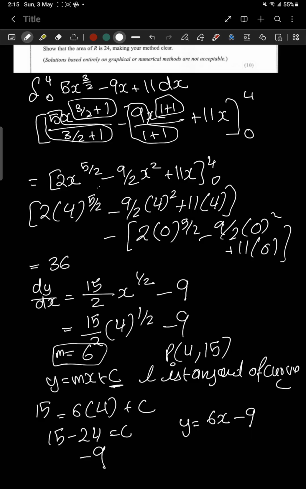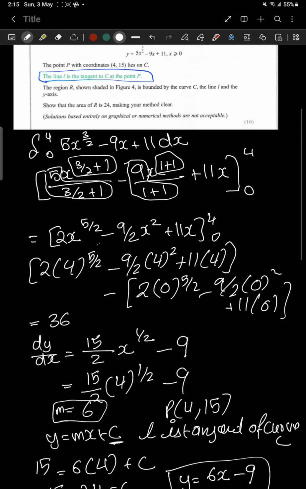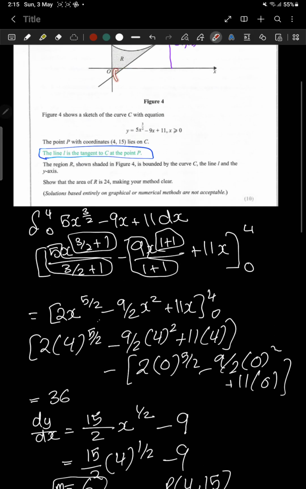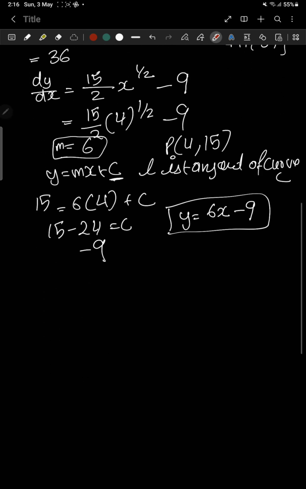Now this is very important information that we need. With this full equation, we have to find the x-intercept, since this one over here is the x-intercept, in order to find the area of the triangle. The x-intercept is when y is 0.